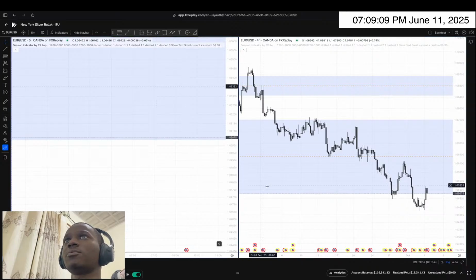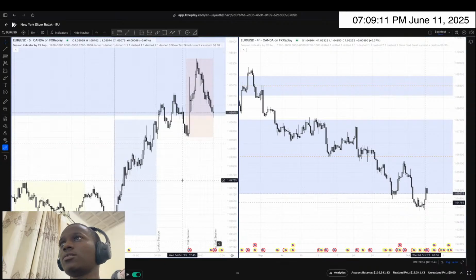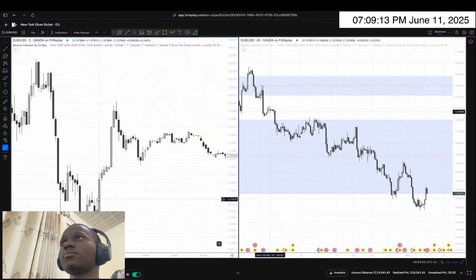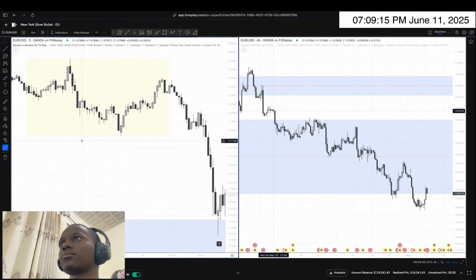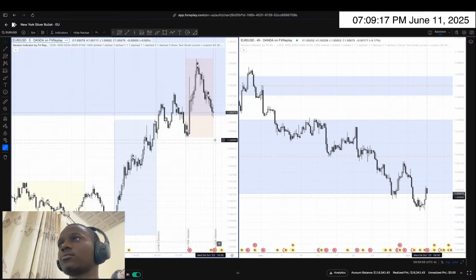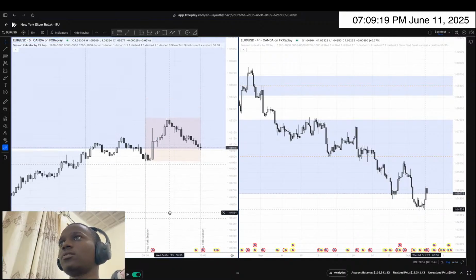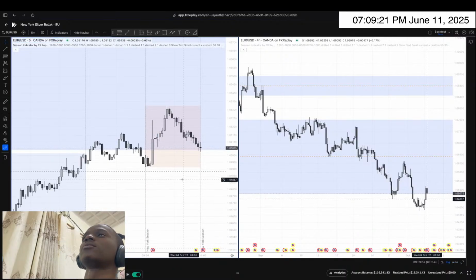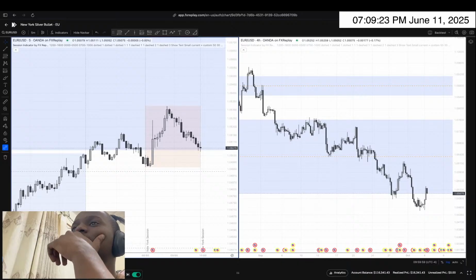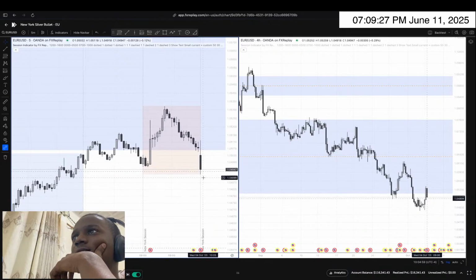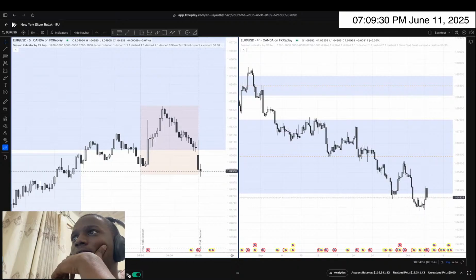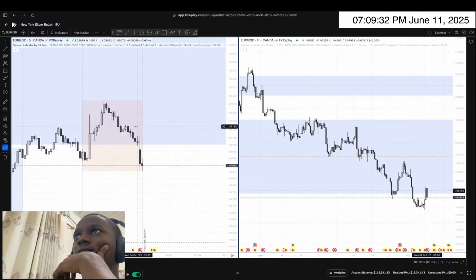So back to the 5 minute. Okay, good. Now just wait and see. So we get the first fair value gap in here from this low to this high.